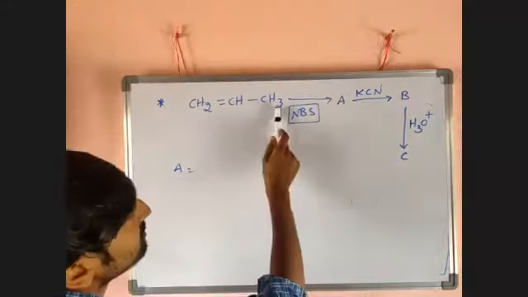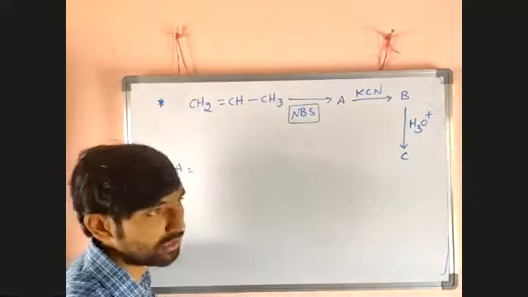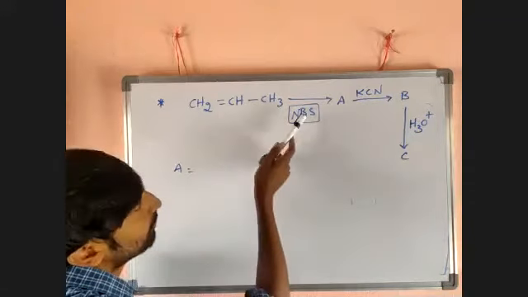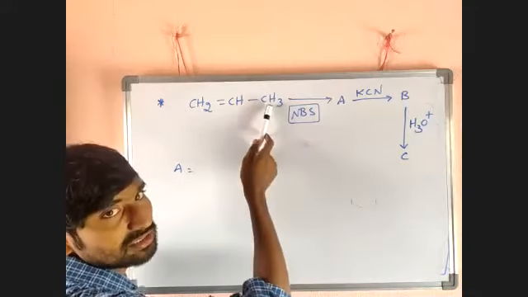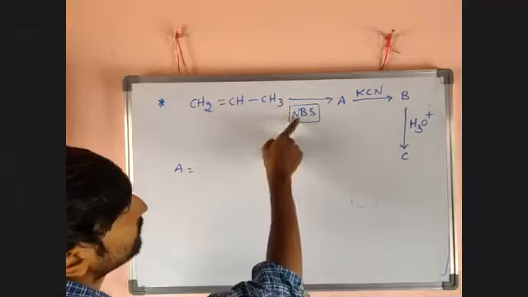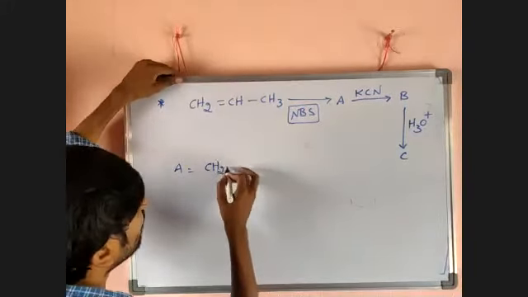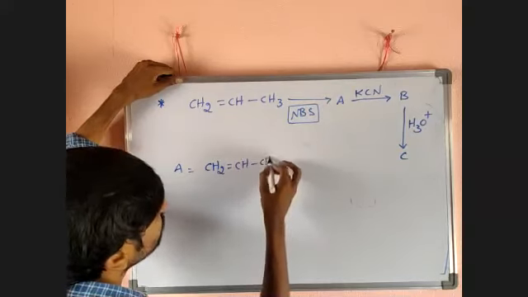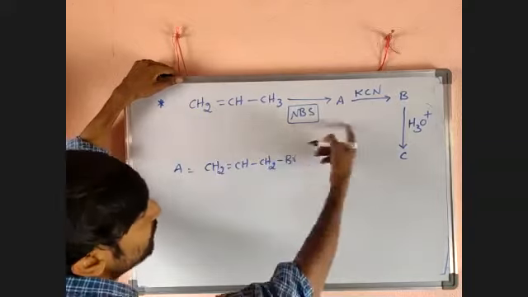Now, this H is replaced with the bromine of NBS. NBS has bromine, and that bromine gets placed here. Allylic bromination takes place. After elimination of H, Br gets attached there. What we will get? CH2 double bond CH bond CH2Br. Okay, allylic bromination, it is very important.